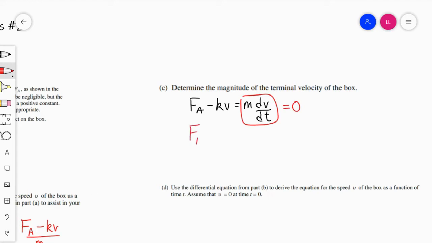So we just have Fa minus kv equals 0, and at this point we can put a little t subscript there and solve for vt. We subtract over Fa and divide by k, so there is our terminal velocity, Fa over k.